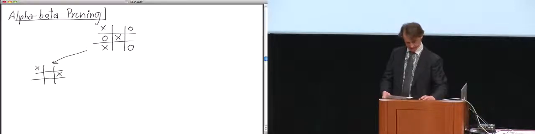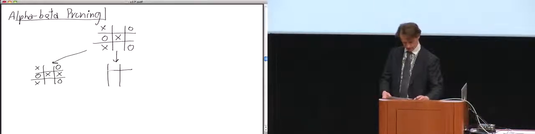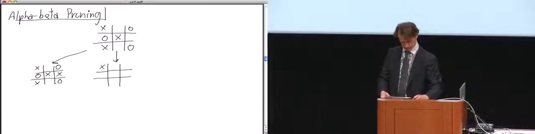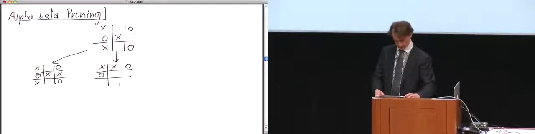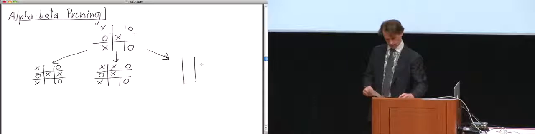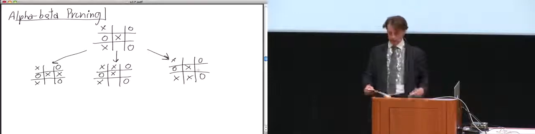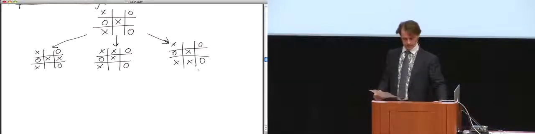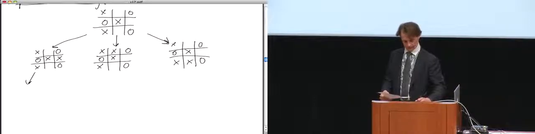So X has several choices. Make a move in the right center square, like that. Make a move in the top center square, like that. Make a move in the bottom center square, like here. And from those, we can expand out further. So from the left child, there's 2 different moves you can make.